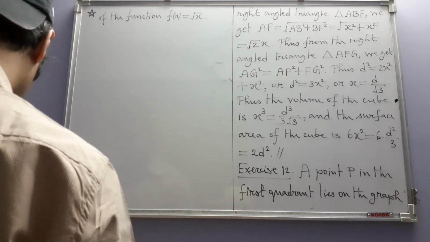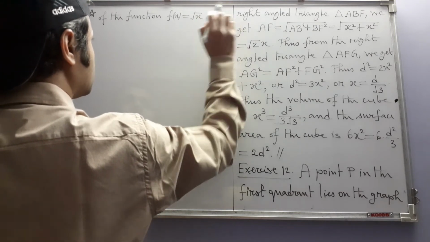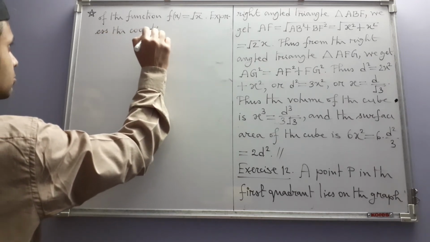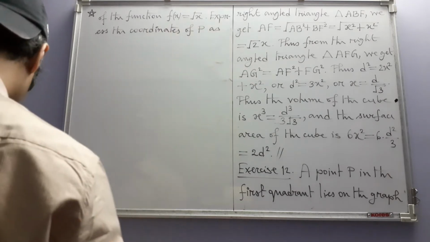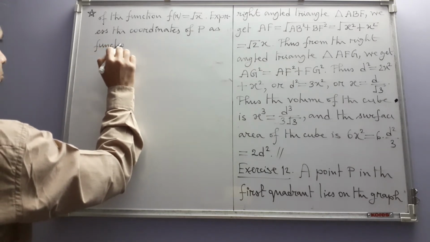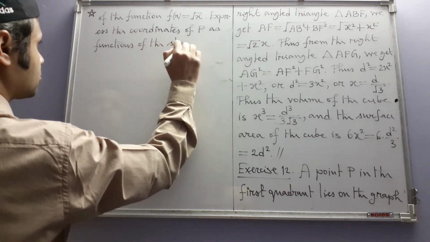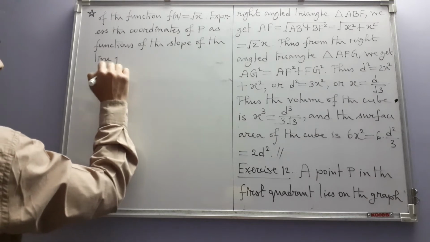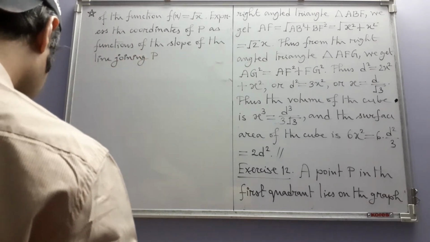Express the coordinates of P as functions of the slope of the line joining P to the origin.